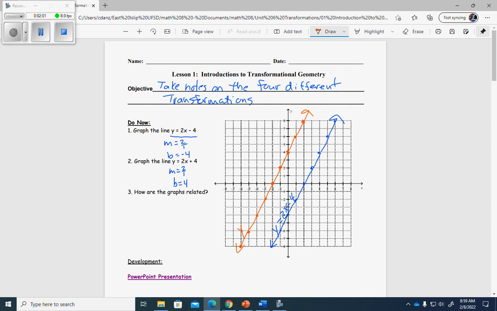And again, arrows and labels are important. So how are the graphs related? Well, they have the same slope, therefore they're parallel. Right? They have a different y-intercept.